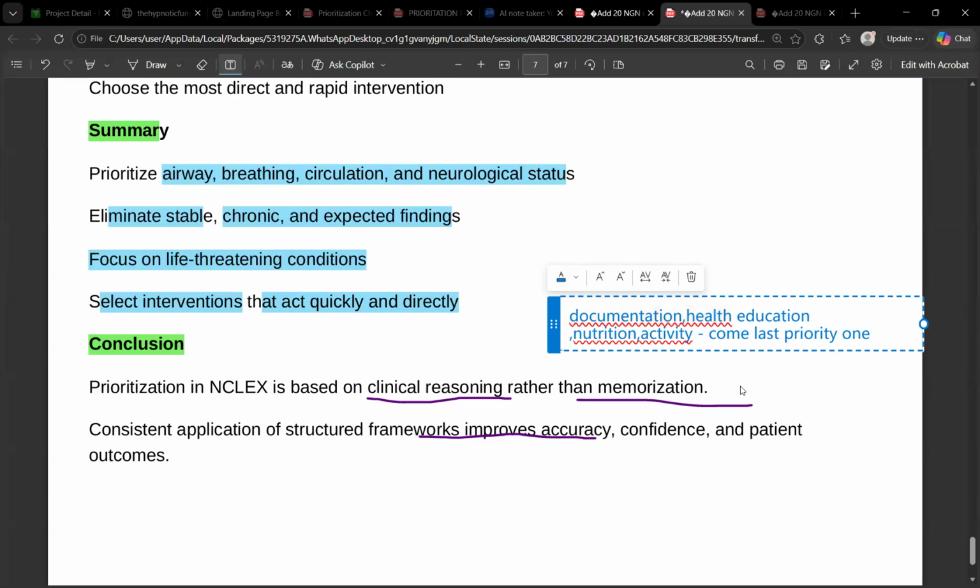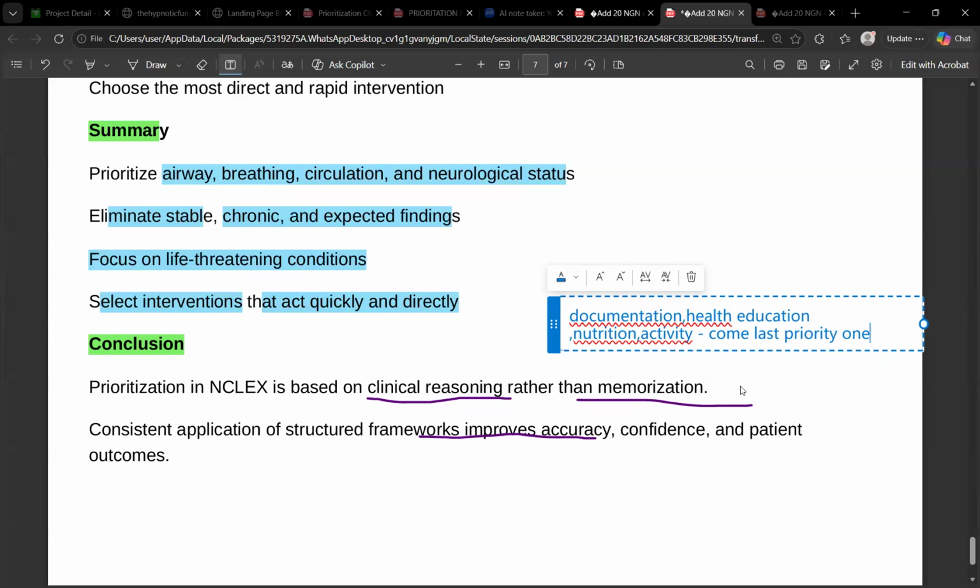if a client is not immediately after surgery and is starting ambulation, that is within our scope. Otherwise, ambulation can be assisted by the LPN or UAP. But if the client has undergone surgery, and we are starting physical activity or walking for the first time afterward, in such a situation we should assist the patient.